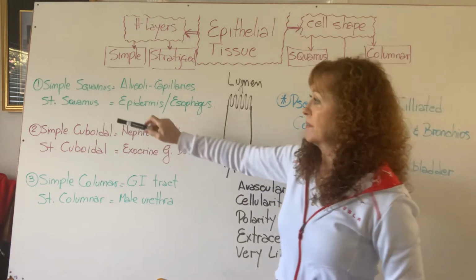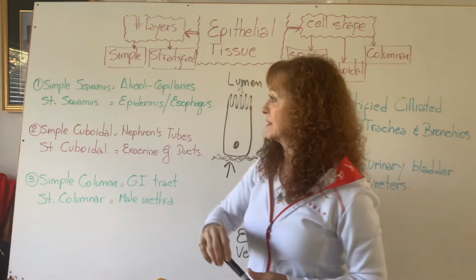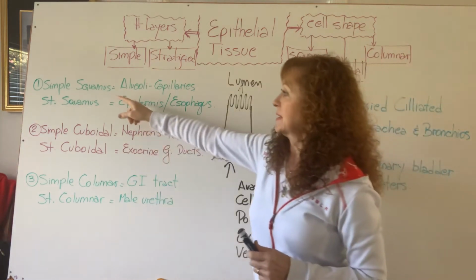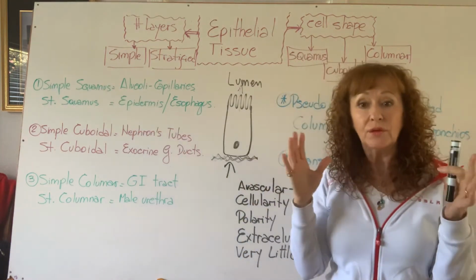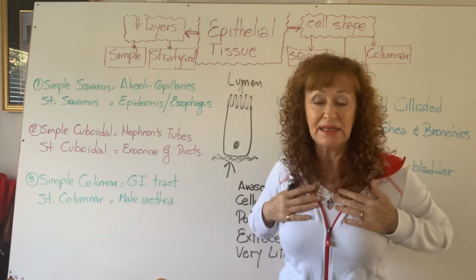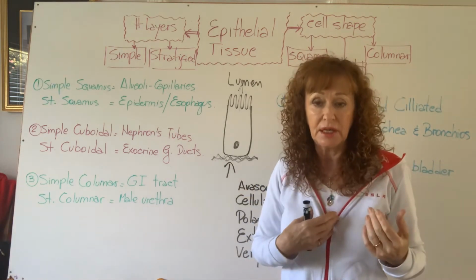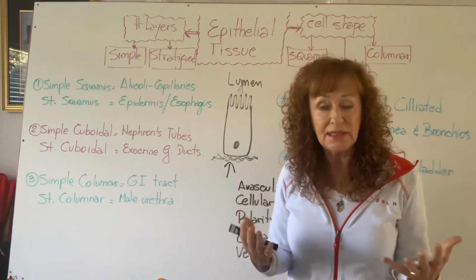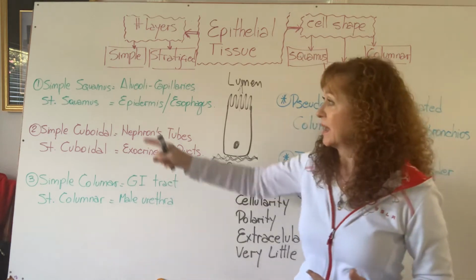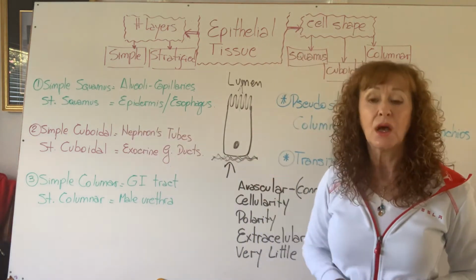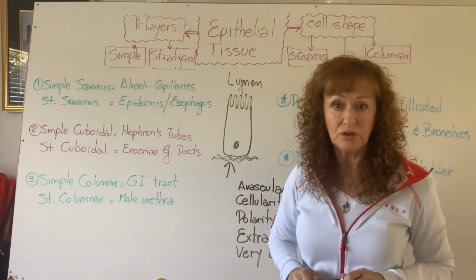The other type of squamous is a stratified squamous. But first I try to remember, about the simple squamous, if you remember the serous membrane, the ones that are wrapping any single lung, your heart, the pericardium, the pleura, these are serous membranes. And the serous membranes are made by two layers of simple squamous epithelium.